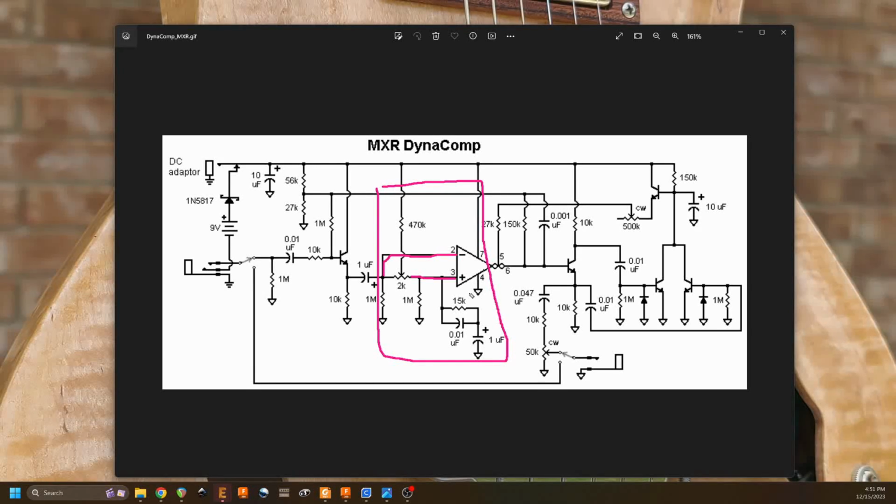Now, one of the things about an operational transconductance amplifier that is really different from an op-amp is that what the OTA is amplifying is the difference between these two terminals. Okay?